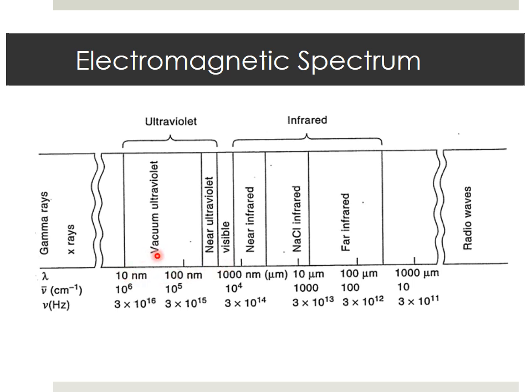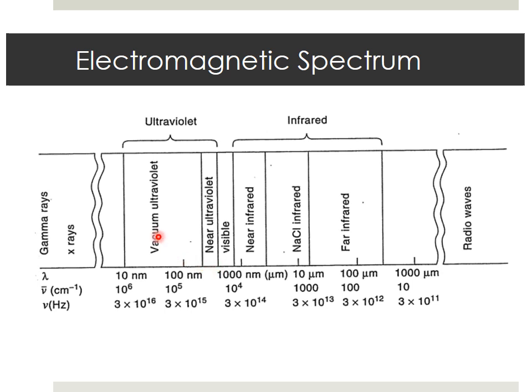The ultraviolet region extends from 10 nanometer to 380 nanometer, but for analytical purposes the important region is from 200 nanometer to 380 nanometer, that is the near ultraviolet region.